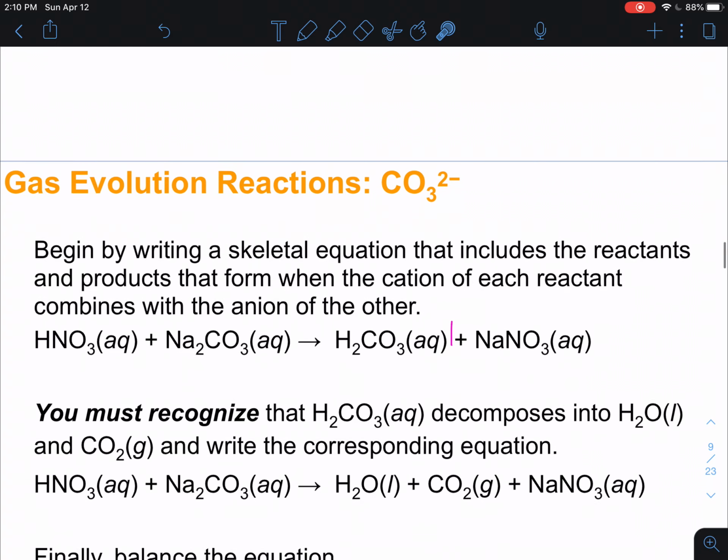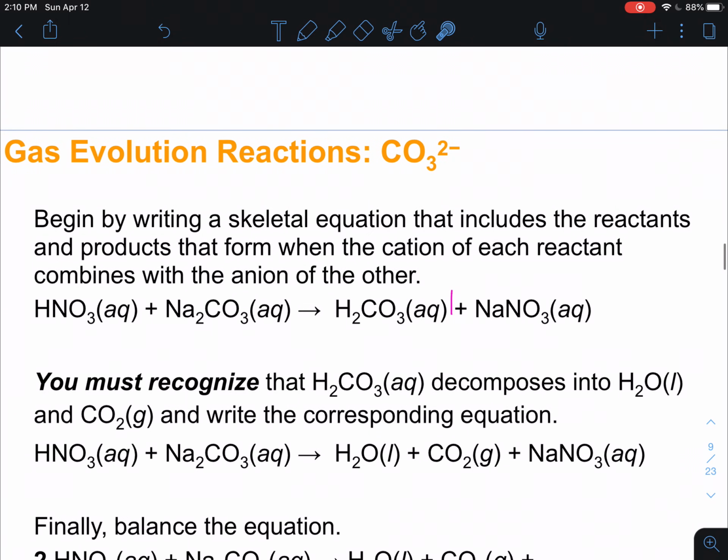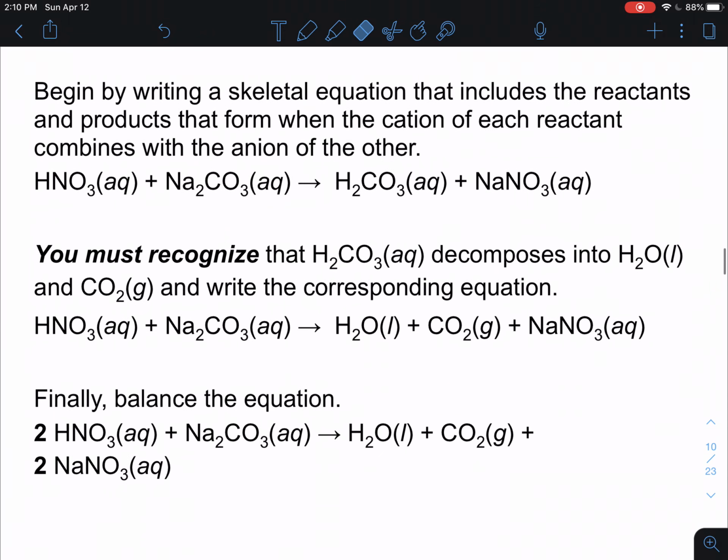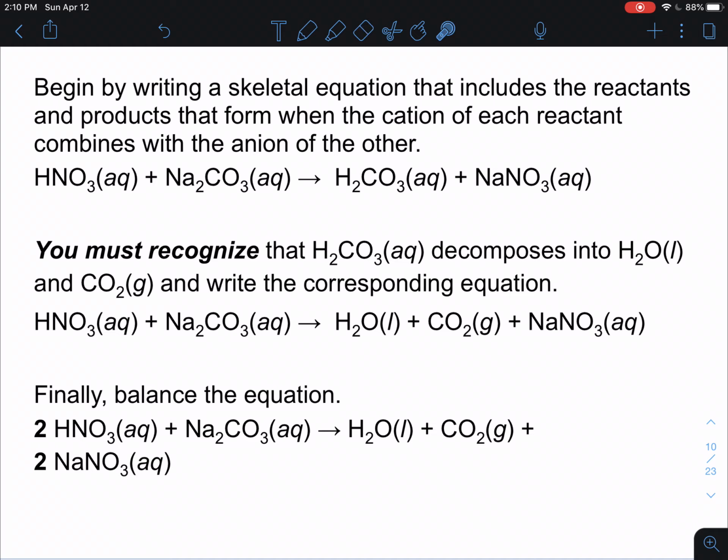We have HNO3 plus sodium carbonate, right? The only thing that they did differently is they did not balance until the end. I like to balance while I'm doing it.